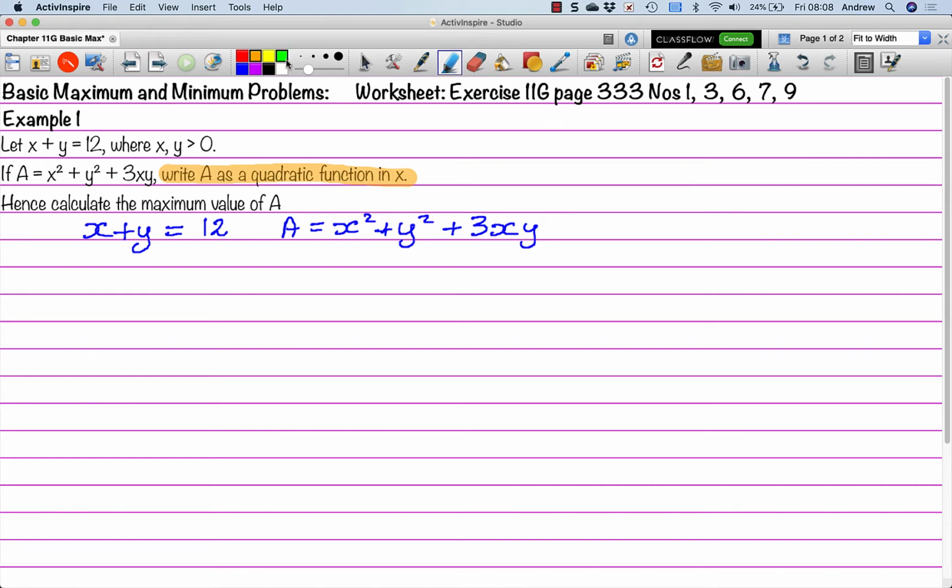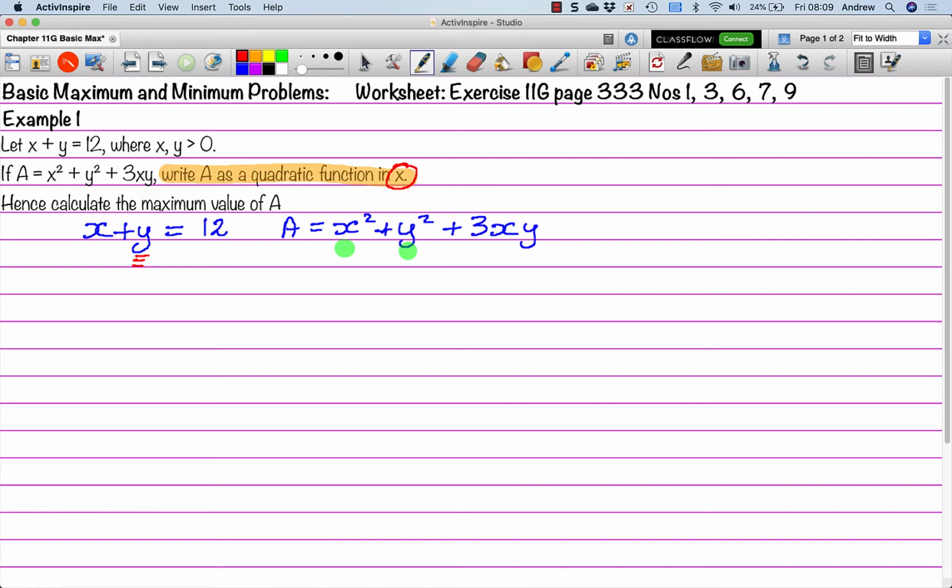And at the moment, what we have is A as a quadratic function in x and in y. So when they say to write this as a quadratic function in x, they are telling us not to have y anymore. So what piece of information have they given us where we can actually find y?